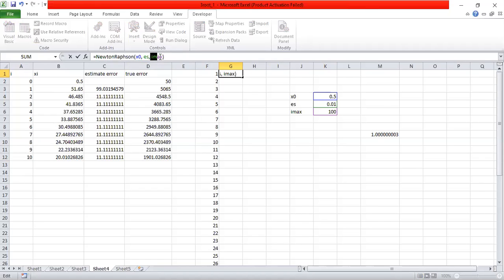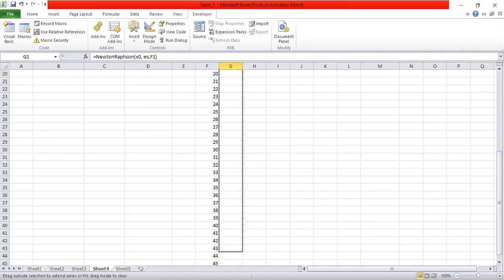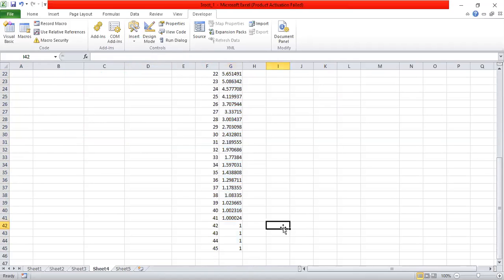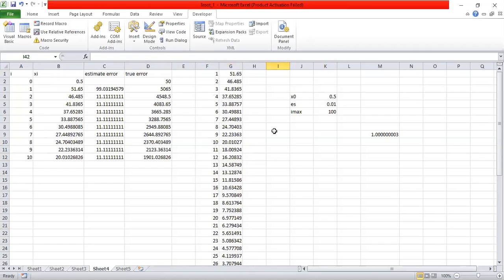In place of I max, let me put F1. Okay. So at the first iteration, this value is given. So let me go down, then at 45. Can you see how it's going?